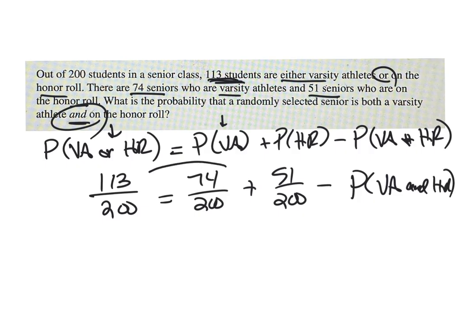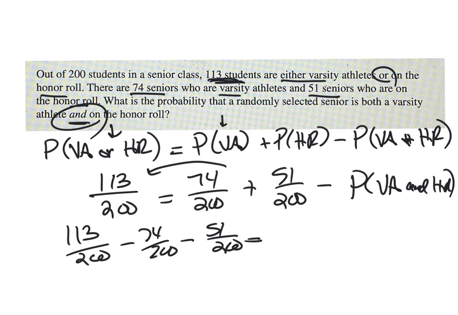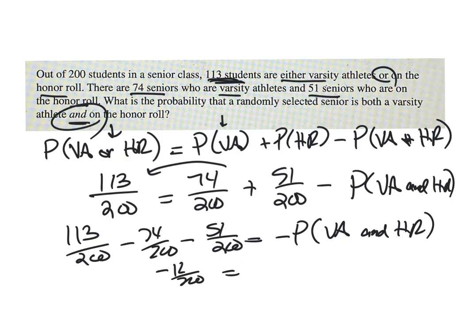So all I'm gonna do is move all that stuff over. I'm going 113 over 200, minus 74 over 200, minus 51 over 200. And that's gonna equal, I should have switched this one because it's negative, and honor roll. Okay, if I add those up on the other side, I end up getting like negative 12 over 200 equals the negative probability, which doesn't make any sense. So I'm gonna drop those two negative signs and just reduce it.